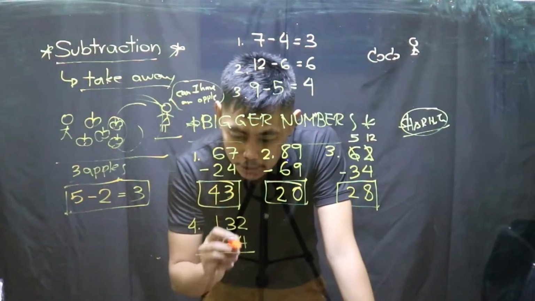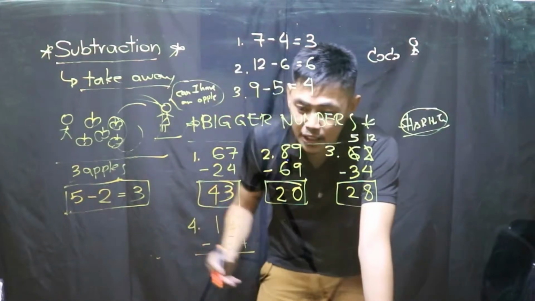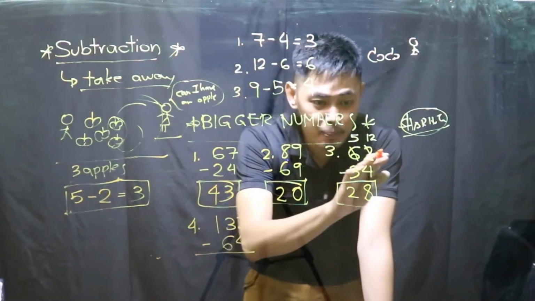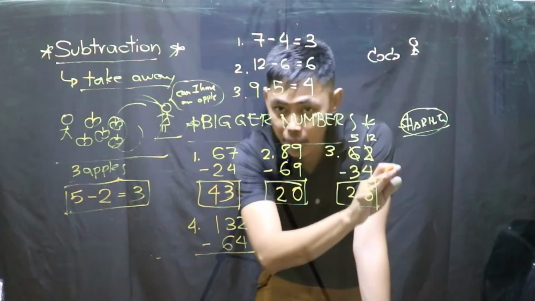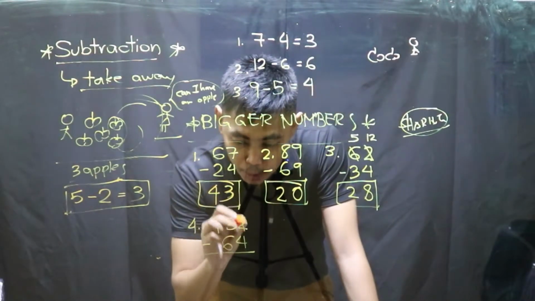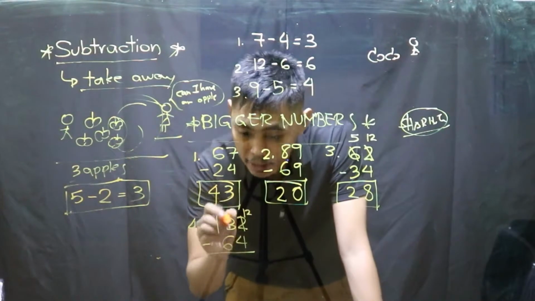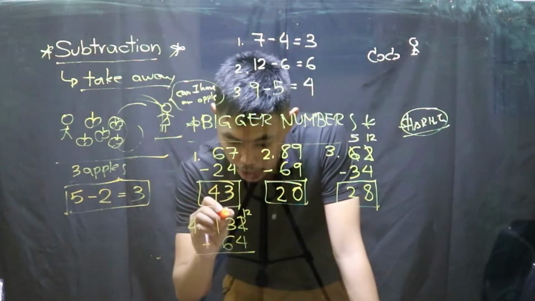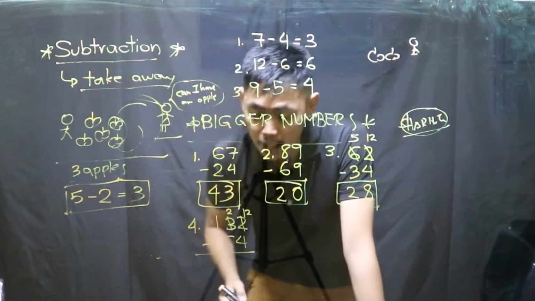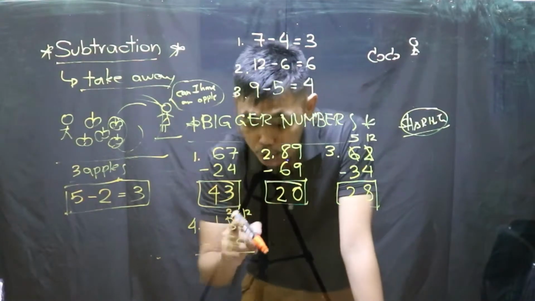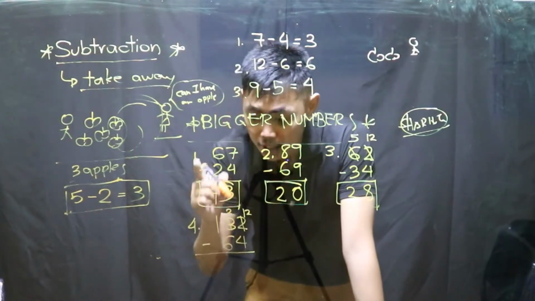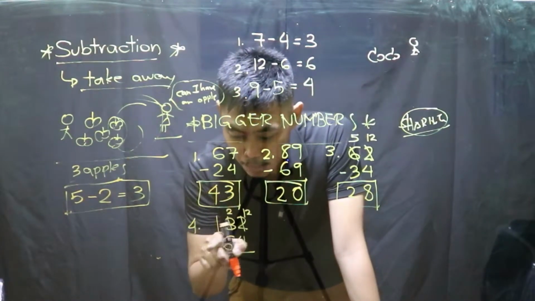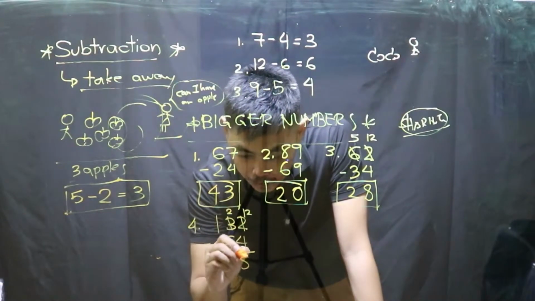So first, we will say 2 minus 4, but we cannot do that. The same with the situation here. So we will need to write 1 beside 2, and then 3 will share. So this one will become 2. Alright? So we will proceed in subtracting. 12 minus 4, that would be 8.